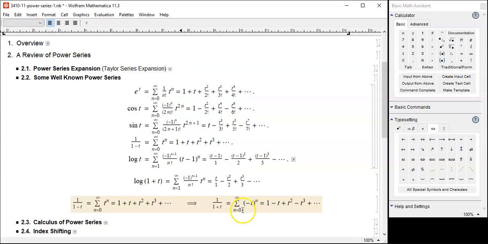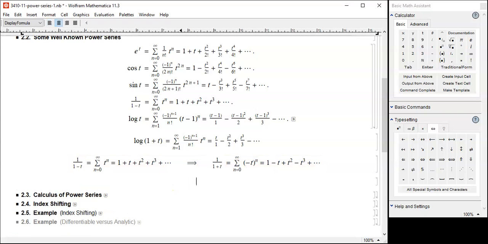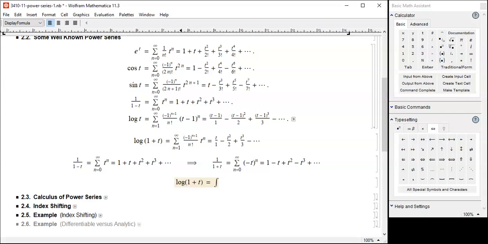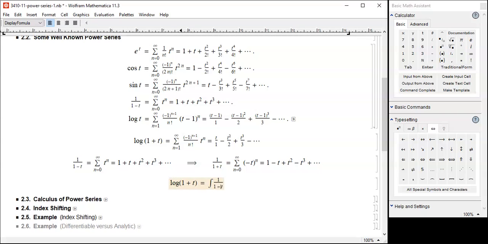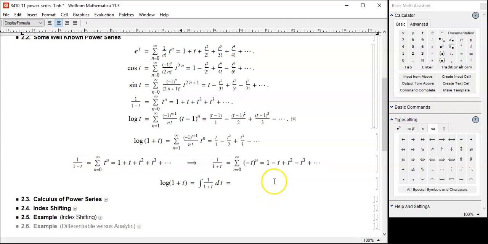And then we take the antiderivative of this. So what is this? Log of 1 plus t is equal to the antiderivative of 1 over 1 plus t, which is equal to the antiderivative of this series. The antiderivative of 1 is t.